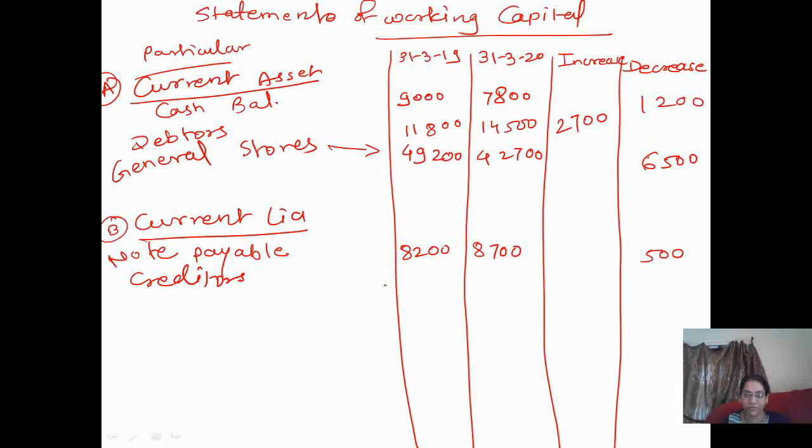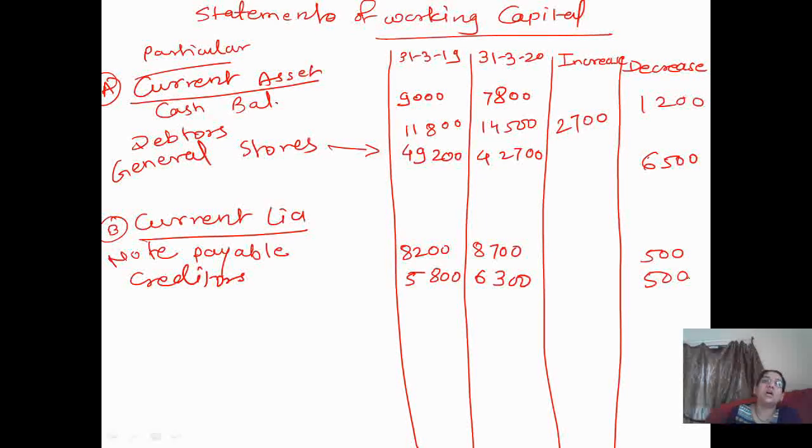Here the difference value is also rupees 500. Same here, from 5,800 to 6,300, liability increase by rupees 500. Liability increase, then working capital decrease. So the difference value we have to write down under the column of decrease.